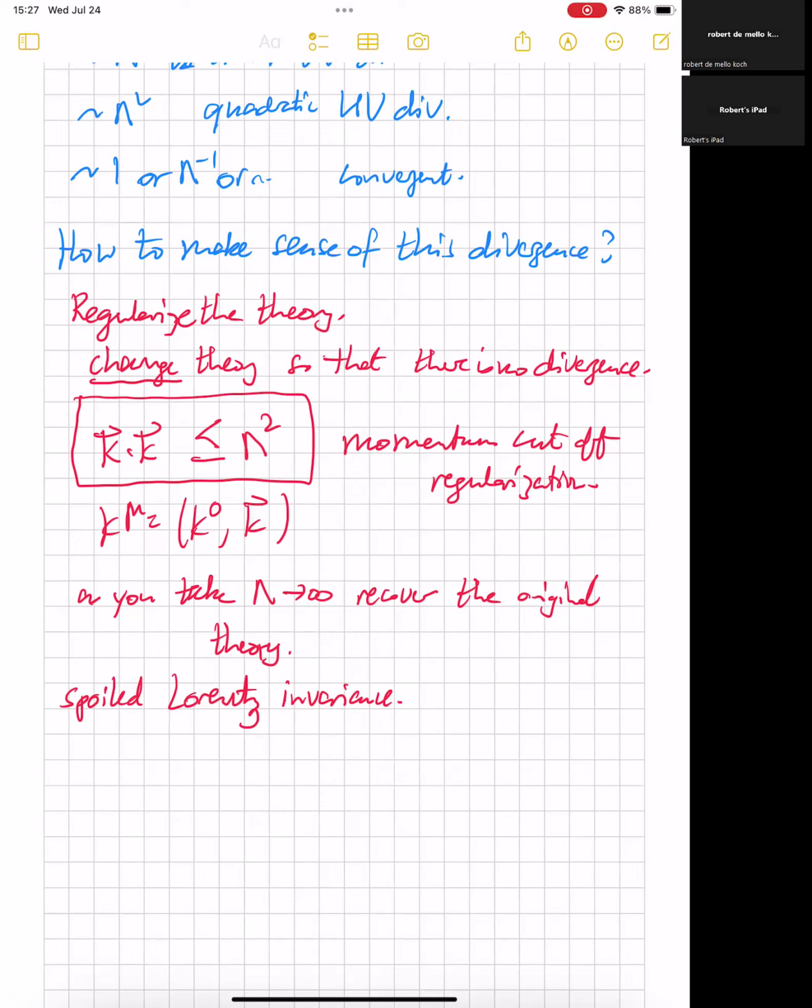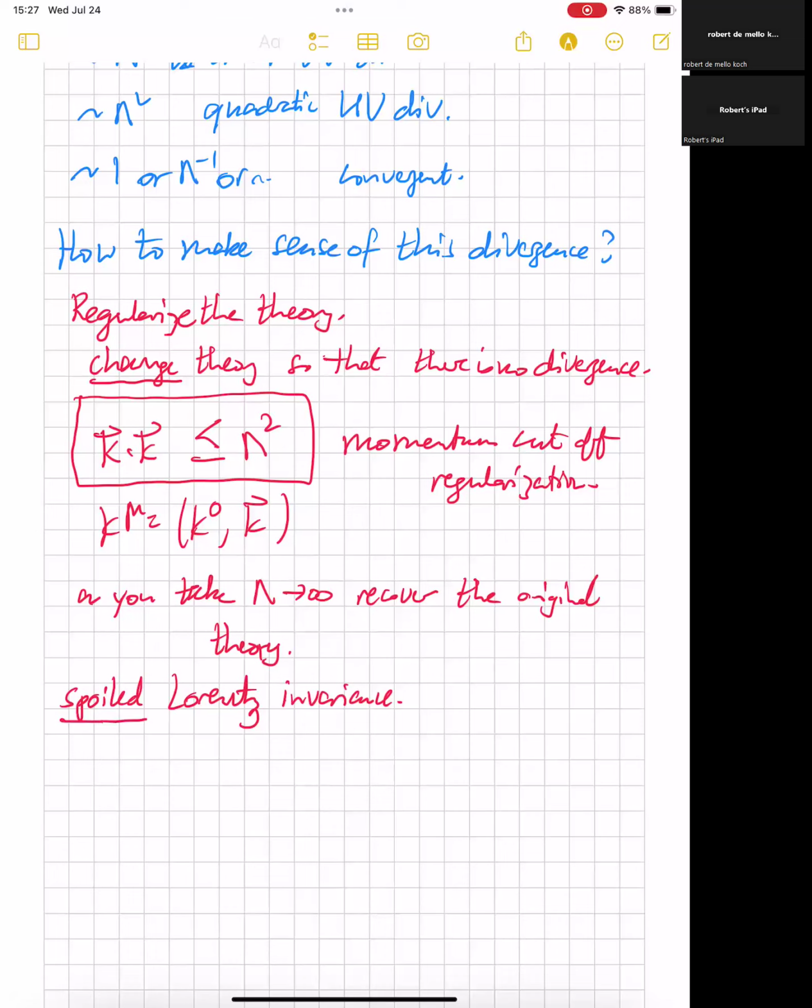Another way to see it, that cutoff equation, which I've outlined in the red box, well, that's not a Lorentz invariant equation. So if I have some values of the momenta, some Lorentz observers will say k dot k is below the cutoff squared, but there's some inertial observers that will already think that k dot k is above the cutoff squared. So we've spoiled Lorentz invariance.